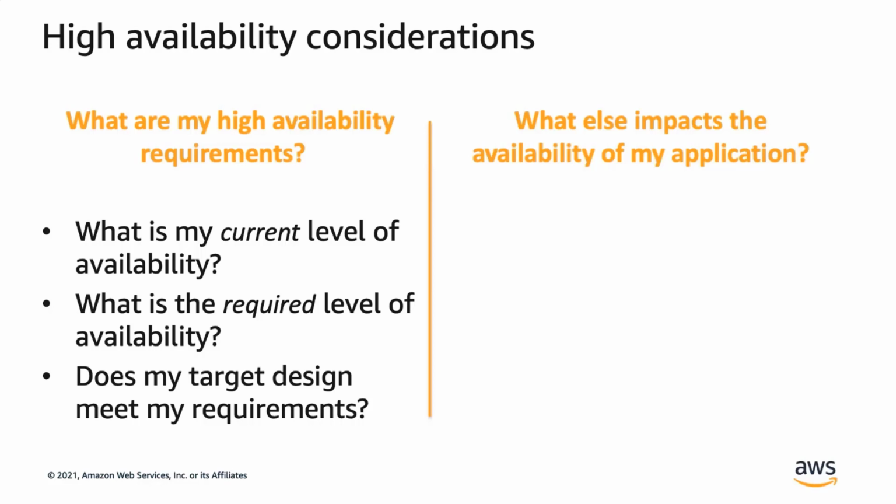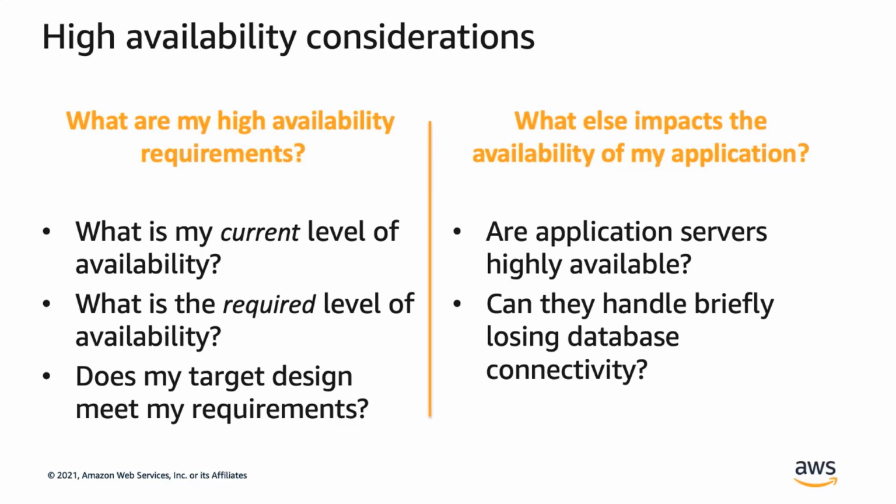If it doesn't, why is that? And is that reasonable? Not all applications require high availability, and there are practical limits to the availability of any one database. But starting from business requirements will help you make the right decision for your particular use case.